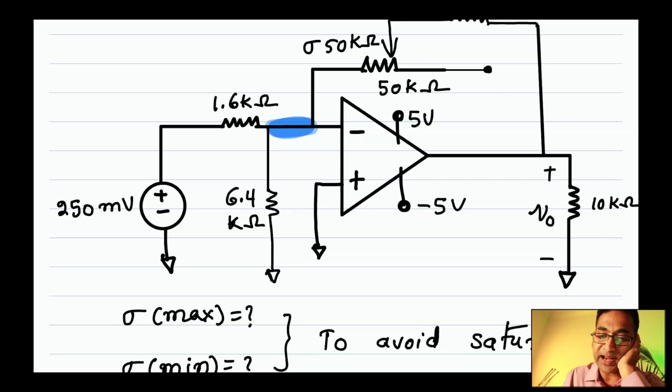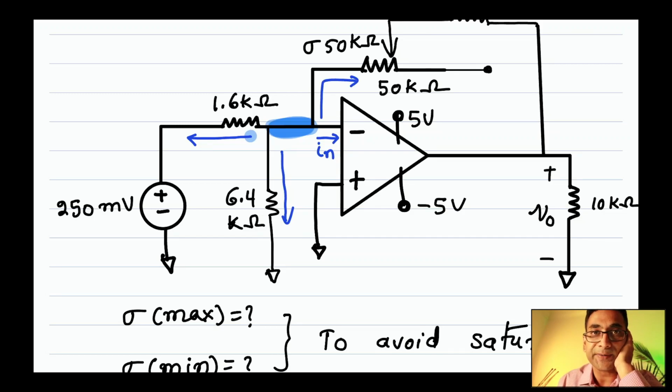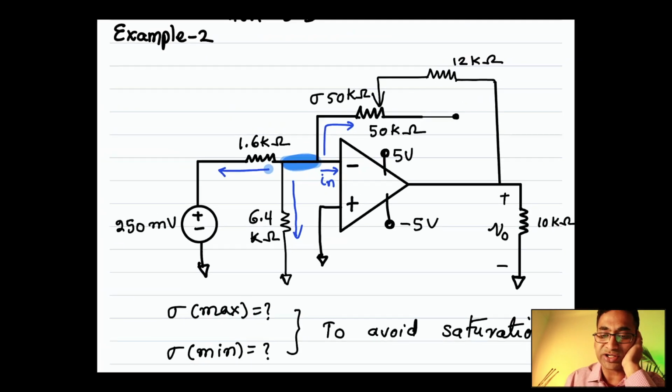So there are 3 branch currents. There is one current going to the left, one current going down. There are actually 4. Another current, little in, going in that direction, and of course there is this current flowing here.